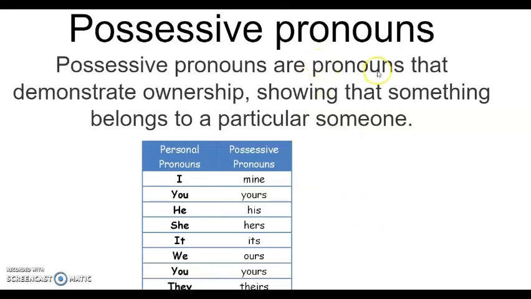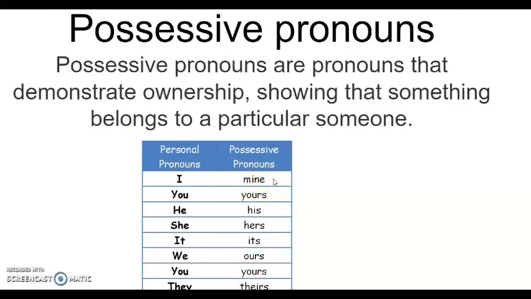Okay, so that is about the possessive pronouns. The possessive pronouns are those words to demonstrate ownership. Remember that the owner es el dueño. Ownership sería como la propiedad de alguien, de quién es algo. So possessive pronouns show possession, of course. For example, if we have the personal pronoun I, the possessive pronoun is mine. Mine is like mío.